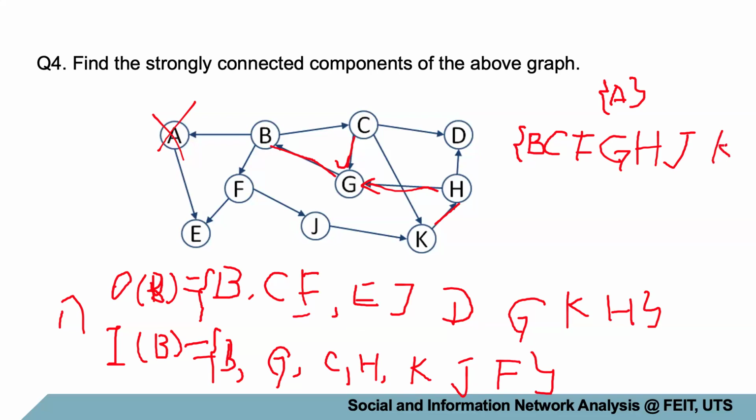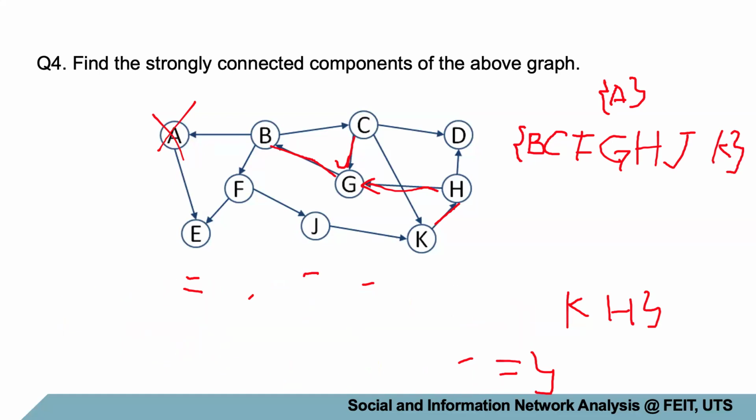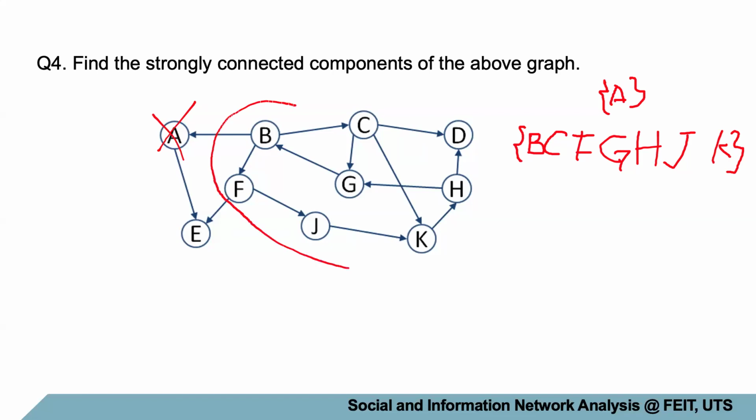So this is the SCC that B belongs to. The second SCC we find contains most of the vertices, just this part, not D. And the two left vertices, E and D, they themselves will form an SCC, D and E.